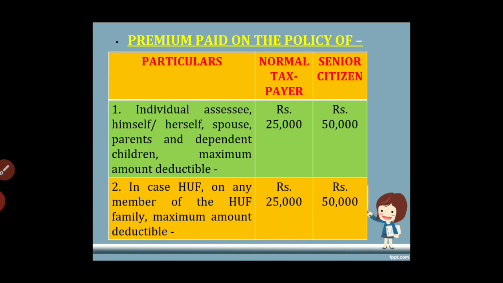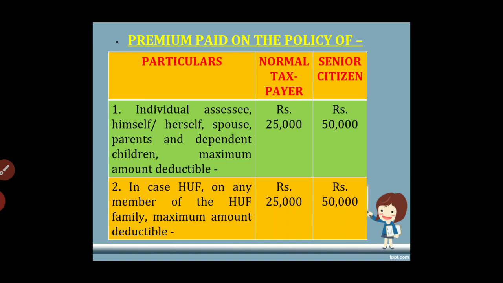Second point, as you know, this deduction under section 80D can be availed by any individual assessee or by any HUF assessee. We have talked about the individual. Now HUF assessee. Number 2, in case of HUF, on any member of the HUF family, the maximum amount deductible in case of a normal taxpayer is rupees 25,000.